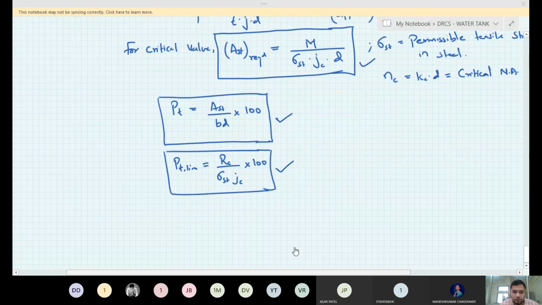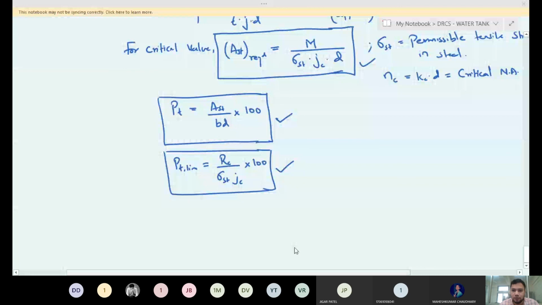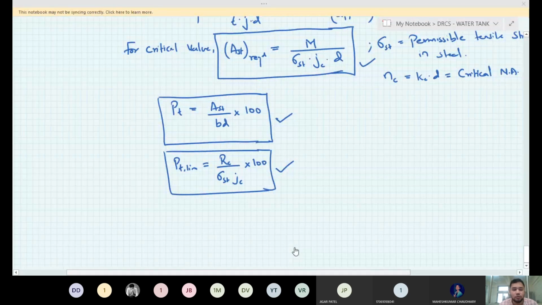Any doubt in this? So we stop here if you don't have any doubts. In the next class, we'll go through the members subjected to axial tension only.